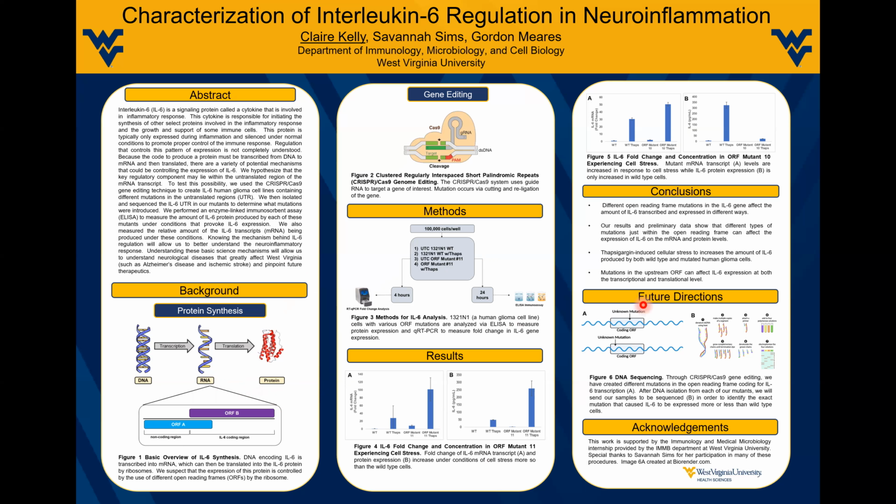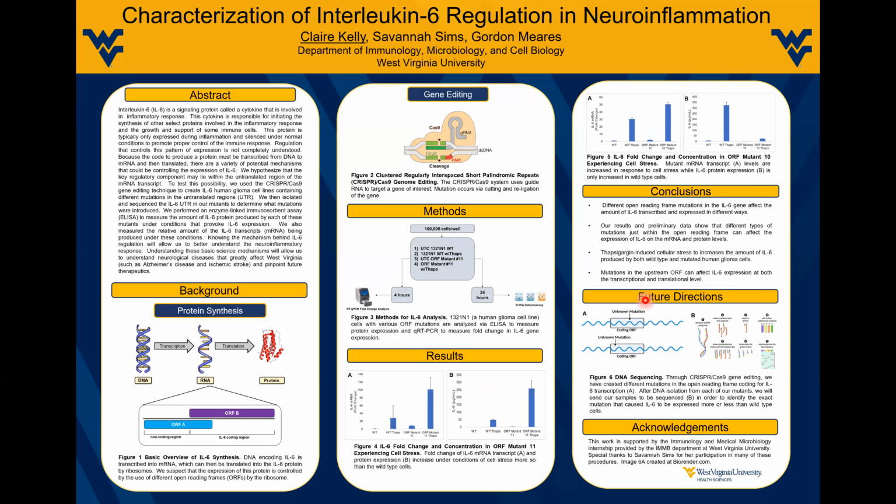So what our data shows us so far is that we have different open reading frame mutations that can affect the expression of IL-6 in different ways. We also know that the cellular stress response increases the amount of IL-6 in both our wild type and our mutated cells, in our RNA, but not necessarily in our protein.